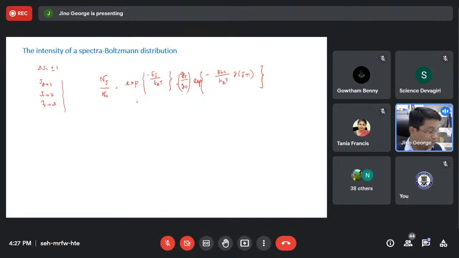It may take another 10 minutes to explain this, but keep in mind that I can write the degeneracy term: you can have 2J plus 1 degenerate states available.